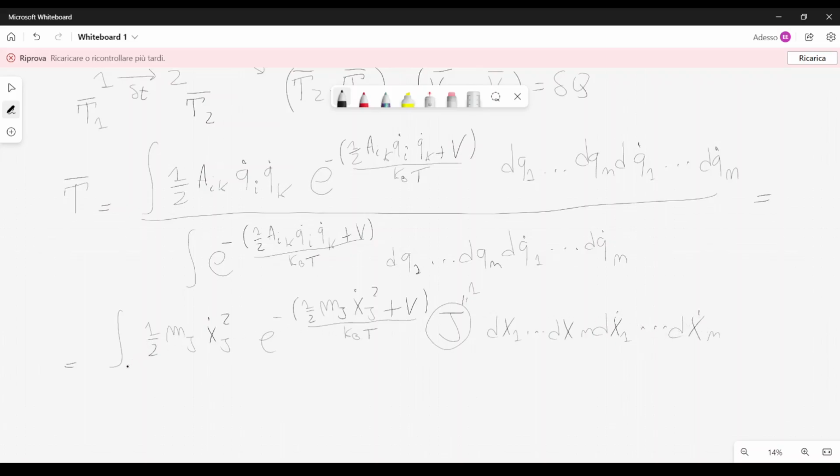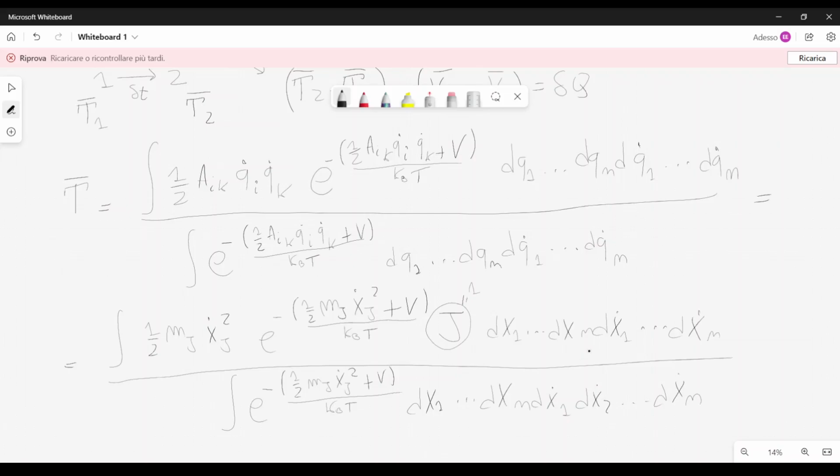Then we divide similarly by the integral of e to the minus 1/2 m_j x dot j squared plus V, divided by k_B T, dx1 ... dxn dx dot 1 dx dot 2 ... dx dot n.